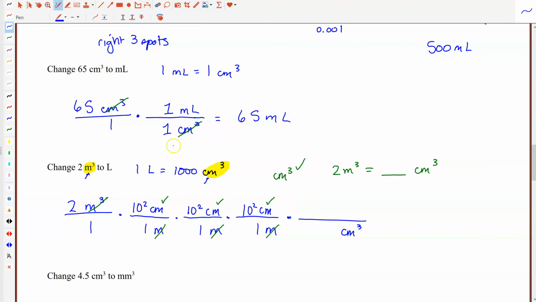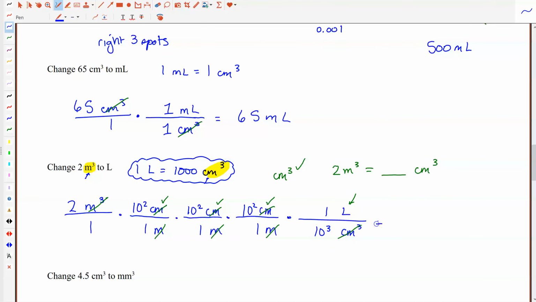And here's where I'm going to use this relationship that 1 liter is equivalent to 1,000 cubic centimeters. So 1,000 cubic centimeters, and I'm actually going to write that as 10 cubed. So 1,000 cubic centimeters is equivalent to 1 liter. Now my centimeters up here, 1, 2, 3, cancel with my cubic centimeters down here. And now my final answer would be in terms of liters.